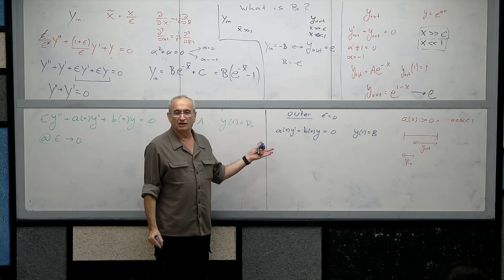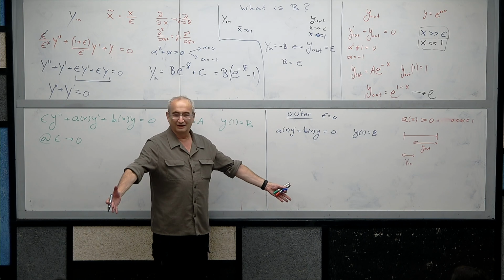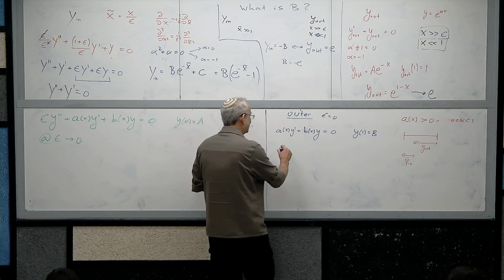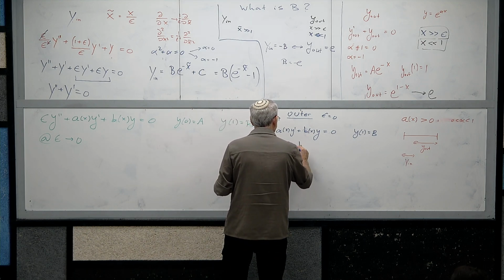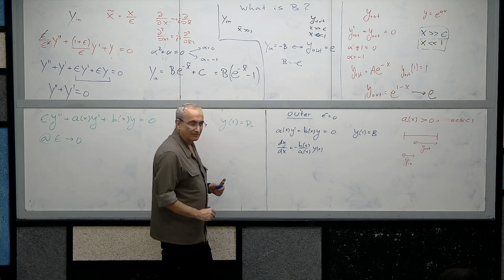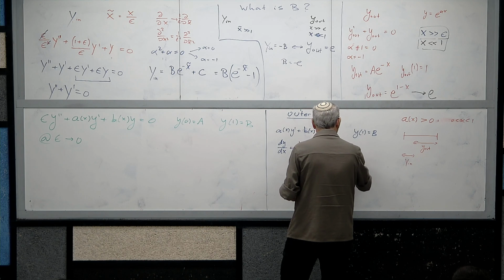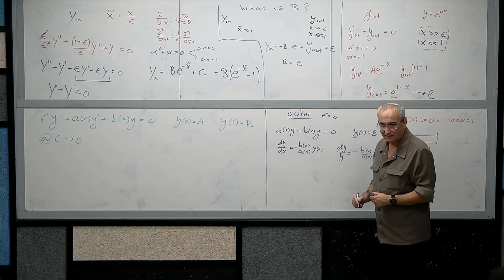This is a very simple equation. Why? Because now we are in the realm of first order equations, and this is an exact equation. So I can write that dy/dx is minus b of x over a of x times y of x, right? And dividing by y, so dy over y is minus b over a dx, and I should integrate both sides.